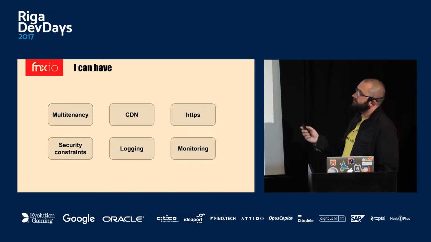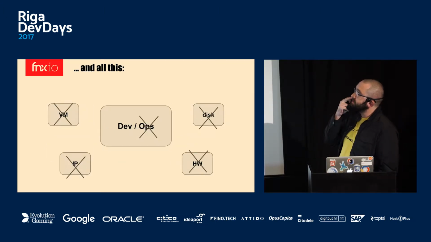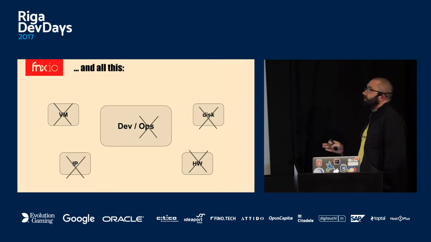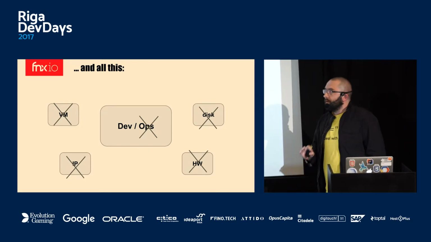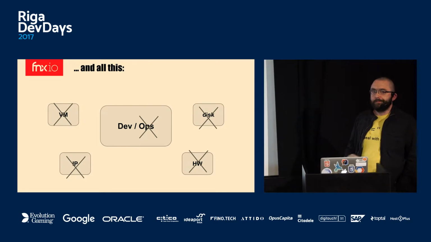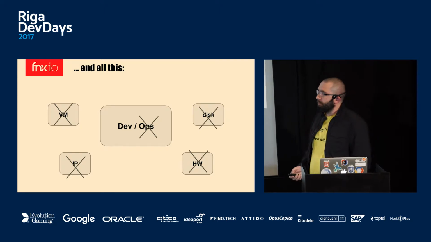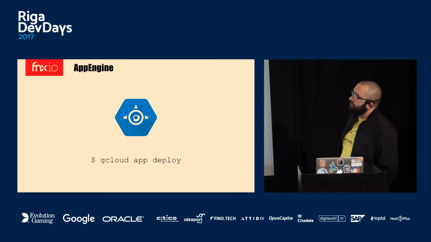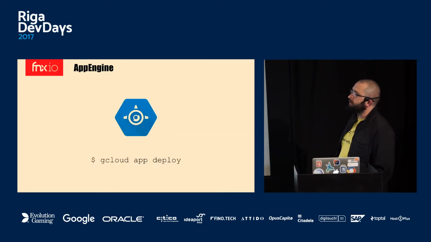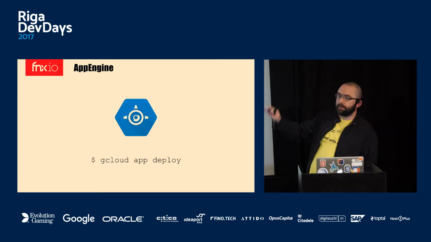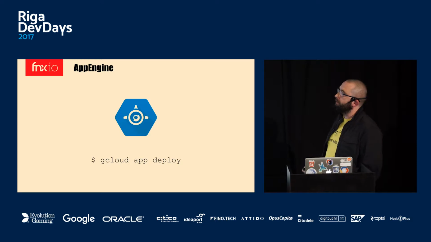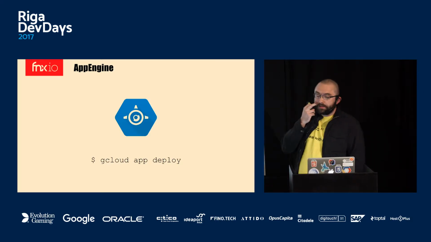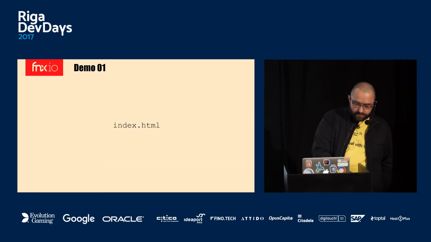And with the functions, without taking care of virtual machines and disks and hard drives and IP addresses, only developing, no operations. With this simple command, gcloud app deploy, I can deploy my application to the cloud magically, and then there it lives. So let me show you a little demo.